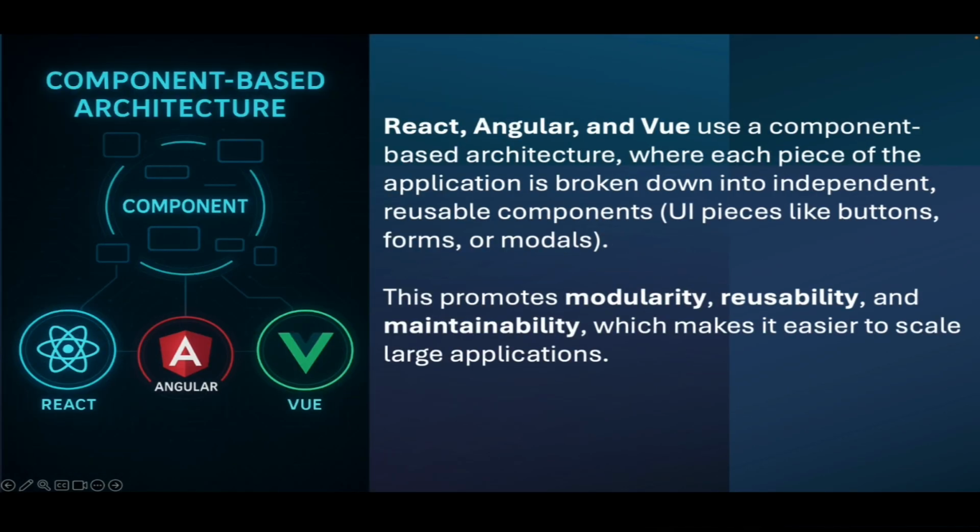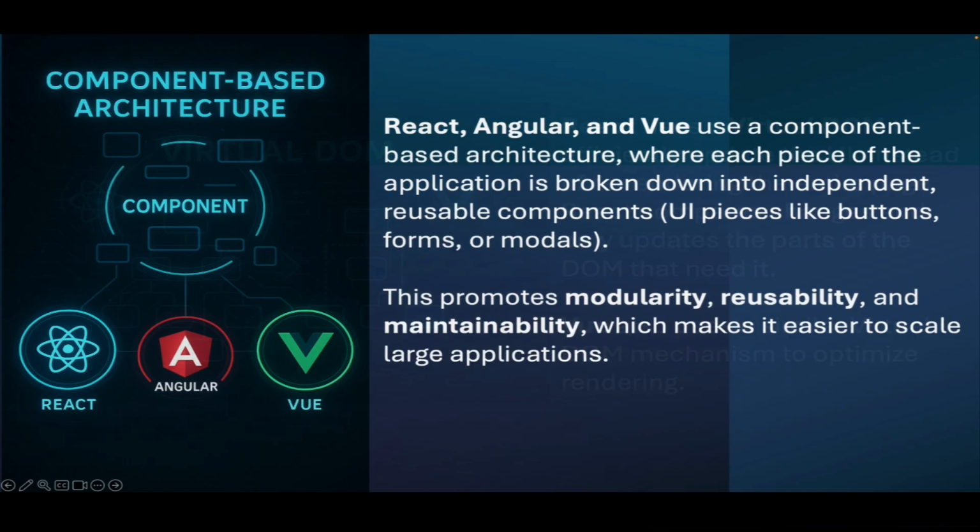React, Angular, and Vue use a component-based architecture, where each piece of the application is broken down into independent, reusable components. And we're going to see this in Season 3 with React, where we have reusable buttons, forms, or modals. And the good thing about this is that it promotes modularity, reusability, and maintainability, which makes it easier to scale larger applications.